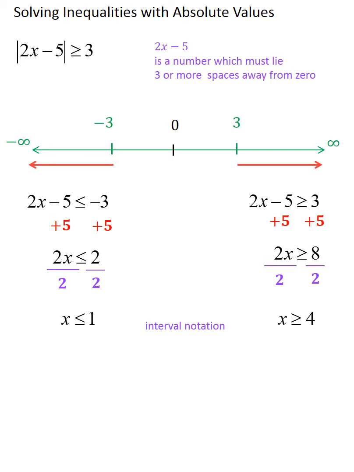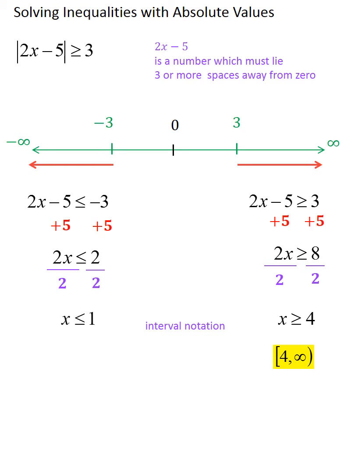For interval notation purposes, this inequality here can be written or thought of as x has to be 4 or higher. In other words, x can be any number 4 through infinity, including 4 itself.